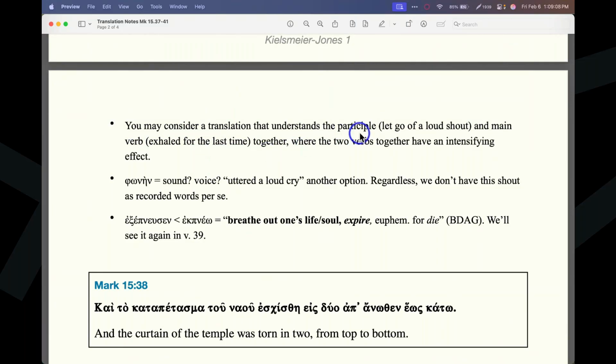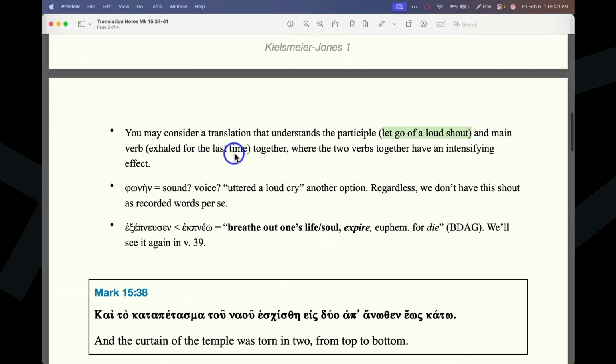So you understand the participle, let go of a loud shout, which doesn't really make sense in English, but I'm just putting that there as a gloss. And then the main verb, exhaled for the last time, you might just think about, are there ways I can translate that even with one verb that encompasses this whole, what feels like this continued action of shouting and breathing one's last, if that makes sense. And there probably are any number of ways to do that.